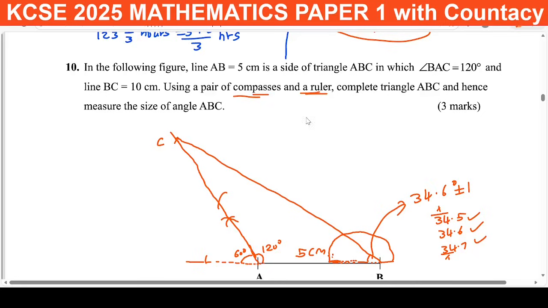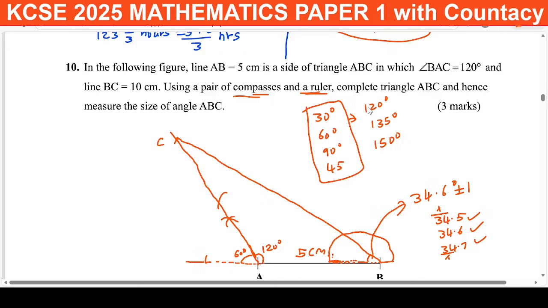So for your practice, it's important you know how to create 30 degrees, 60 degrees, 90 degrees without using a protractor, because it is through this that you are able to derive other angles like 45. So if you know how to construct these angles, you can always be able to construct other angles like 120 degrees, like 135 degrees, like 150 degrees, because all this is a derivation of this.